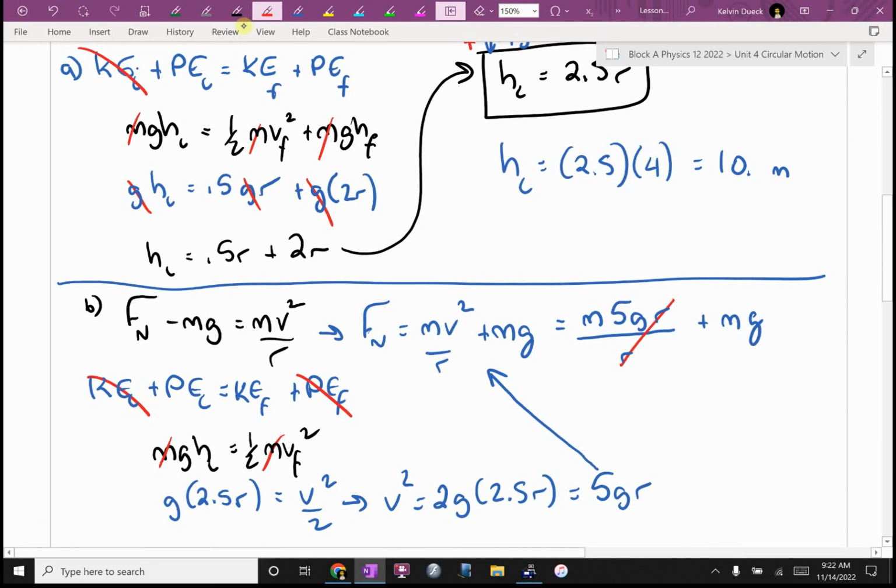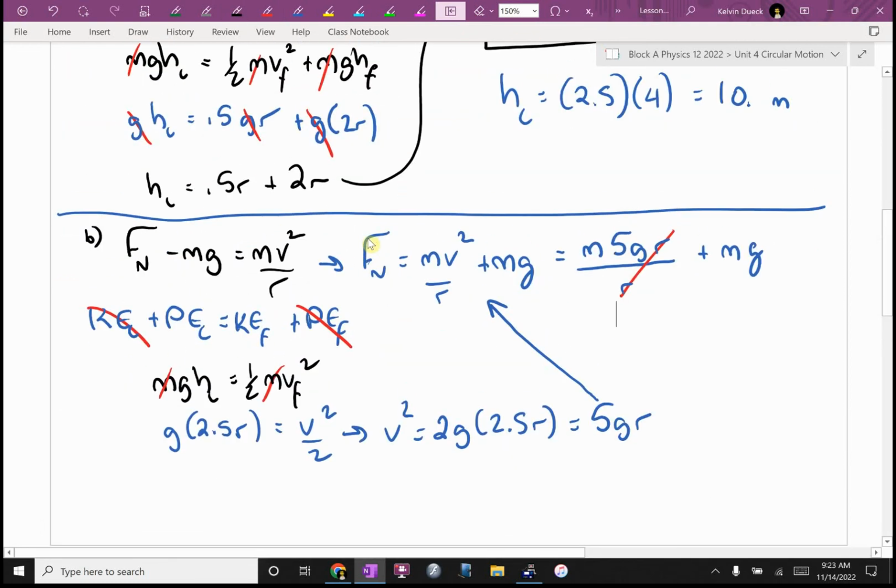Here's what I end up with. I've kind of gone all over the place messy because I'm trying to hit this all on one page. I end up with the normal force equal to 5mg plus mg. What's 5mg plus 1mg? I can gather like terms.